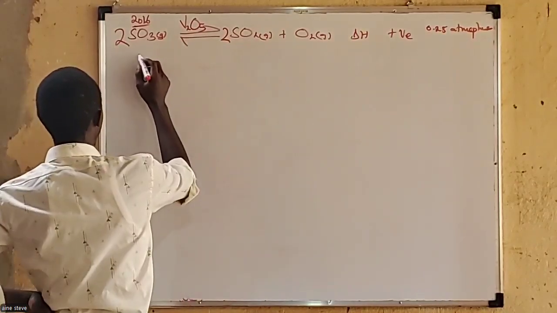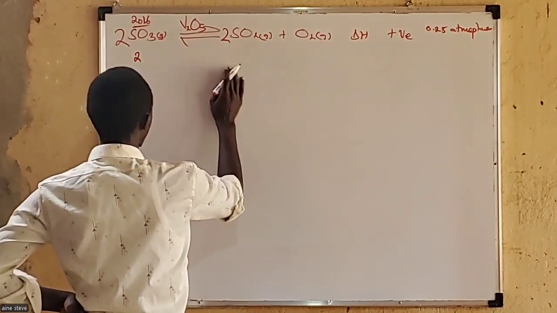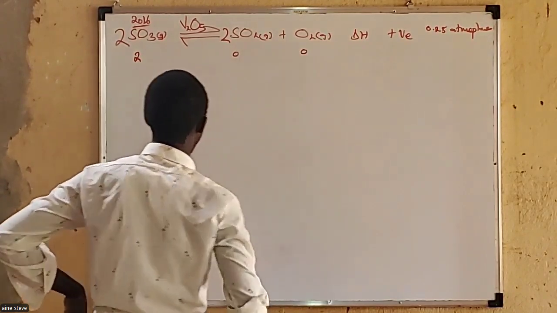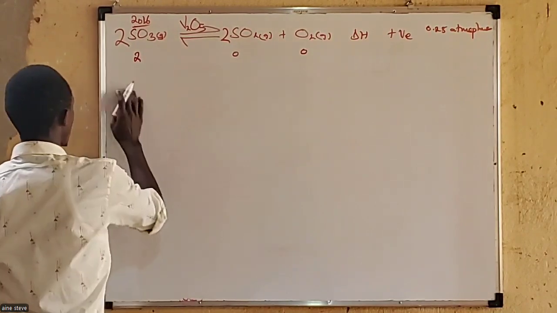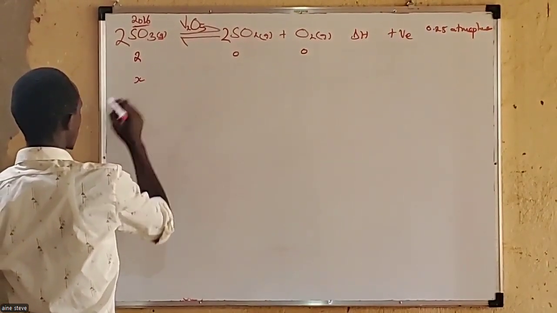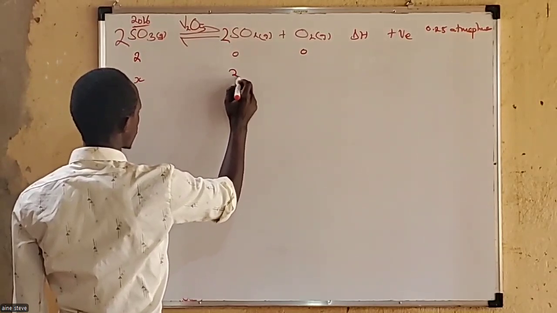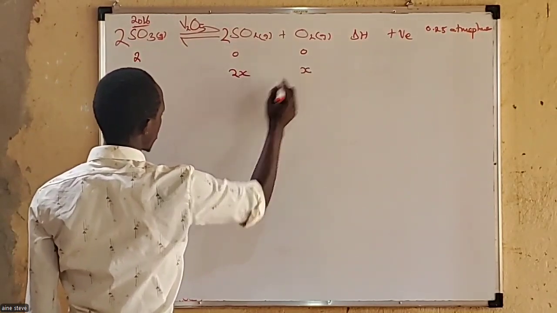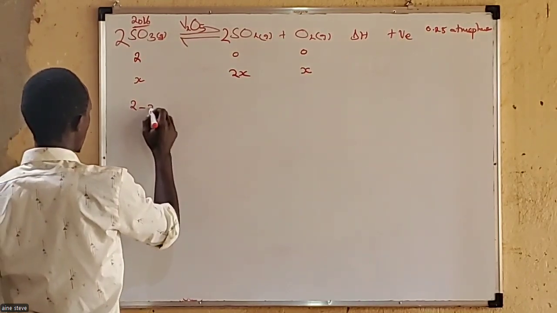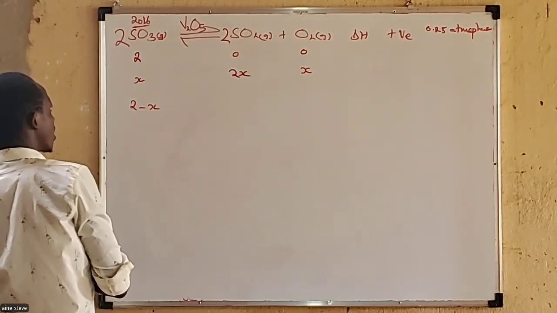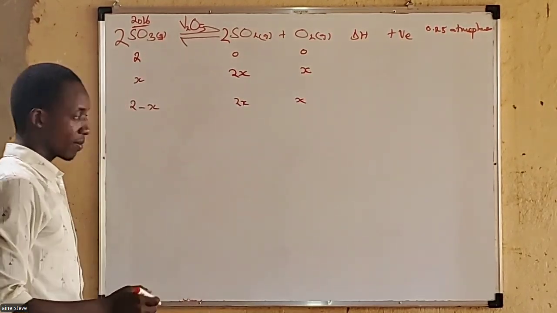So if you have these 2 moles, okay, these ones are not known. 2 moles of sulfur trioxide decomposed, okay? So assuming the number of moles that reacted for sulfur trioxide will be 2X, this is going to be X. Moles that are remaining at equilibrium, this will be 2 minus 2X, then this will be 2X, this is going to be X.